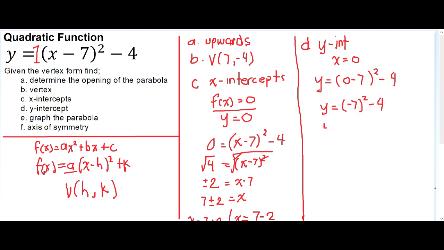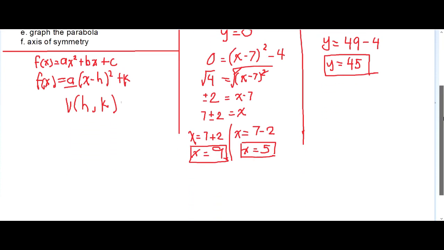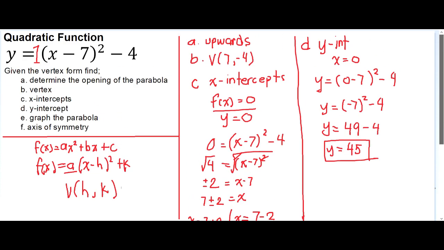Y is equal now to negative 7 times square is 49 minus 4. You have y now is equal to 49 minus 4 is 45. Yan, gagamitin din natin yan mamaya pagdating sa graph. And we now are ready to graph our quadratic function.